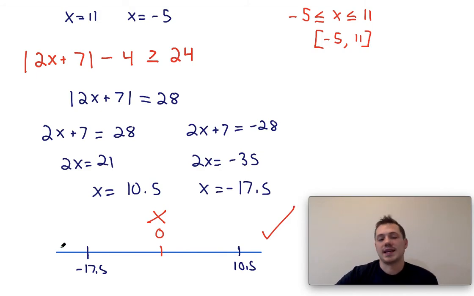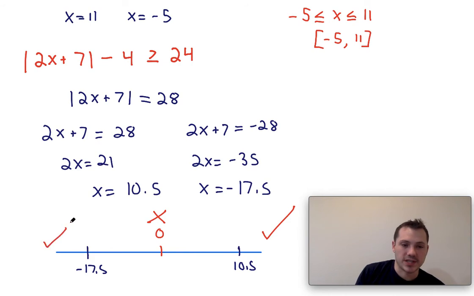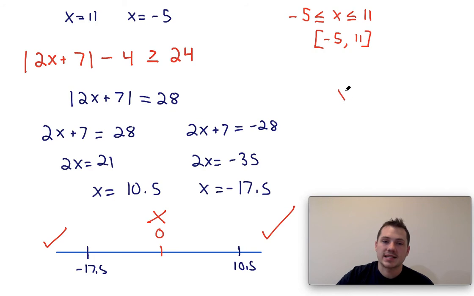If I pick a number less than negative 17.5, I can pick negative 20. 2 times negative 20 is negative 40. Plus 7 is negative 33, the absolute value of which is 33. 33 minus 4 is 29, which is greater than or equal to 24, so we get a check mark in this region. So what we can say is that x has to be less than or equal to negative 17.5, or x is greater than or equal to 10.5.